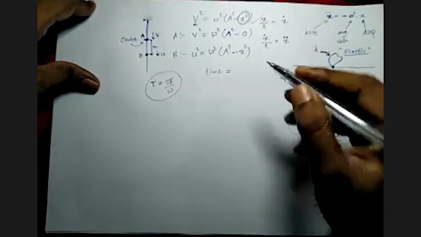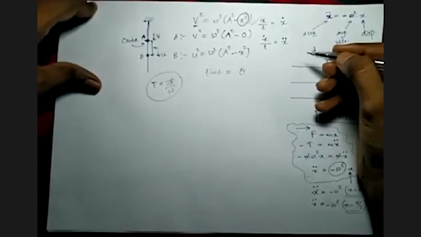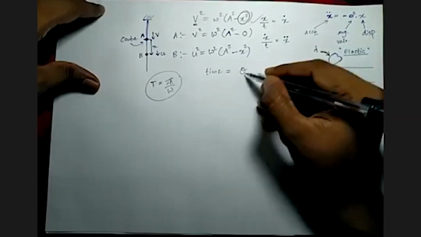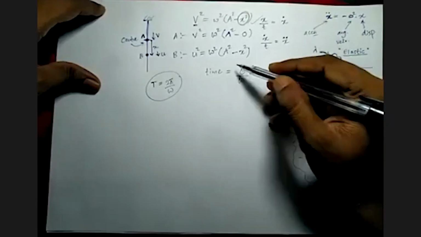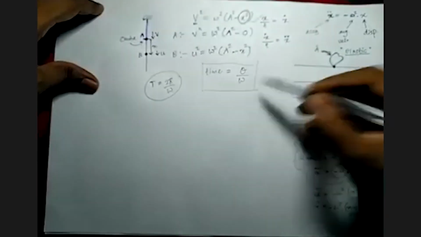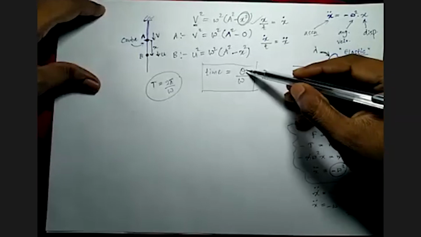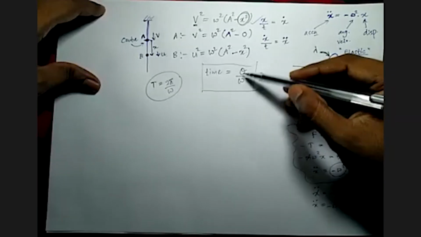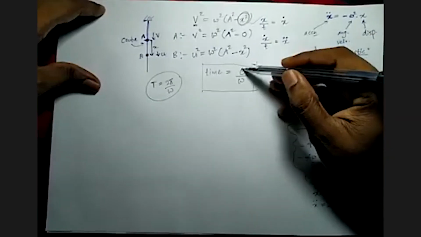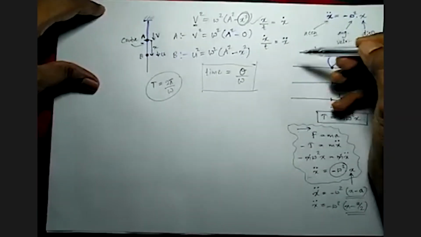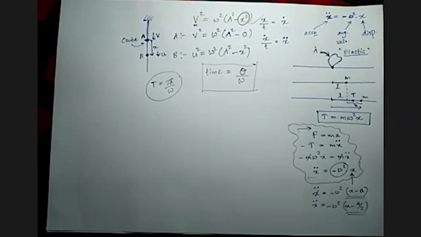That is equivalent to the angle covered by the simple harmonic motion divided by omega. So we should know this. To find time, we divide the covered angle by omega. The method used to measure the angle will be discussed using a question.